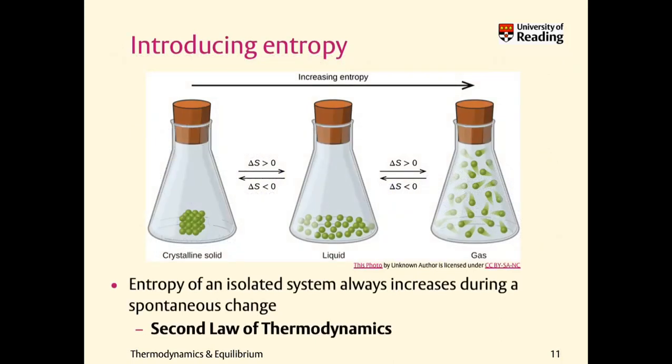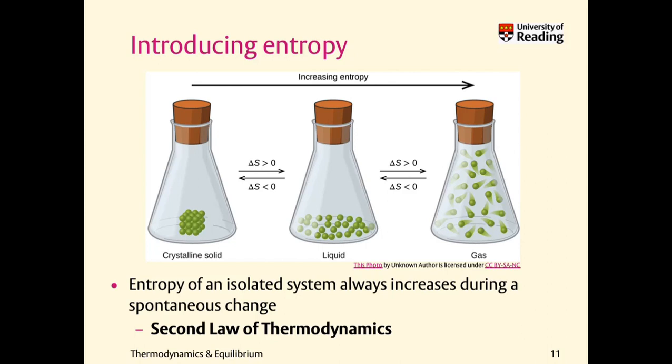Entropy. Entropy is a measure of the disorder of a system. Solids have atomic structures that are fairly ordered, and gases, we know, have randomly arranged atoms. So solids have a lower entropy than gases.